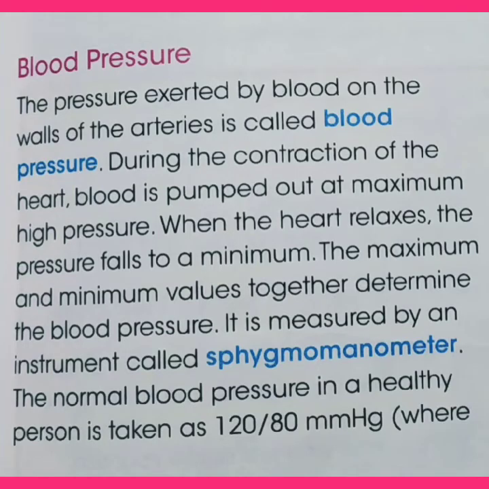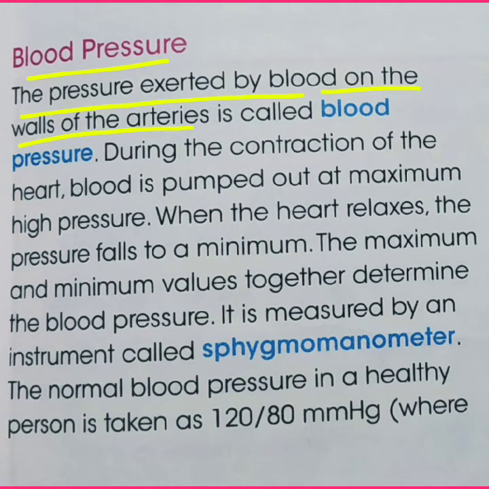Next is blood pressure. So what is blood pressure? The pressure exerted by blood on the walls of the arteries. So what happens here? See, during the contraction of the heart, the blood is pumped out at maximum high pressure. But when the heart relaxes, this pressure falls to a minimum. So this maximum and minimum values together determine the blood pressure.